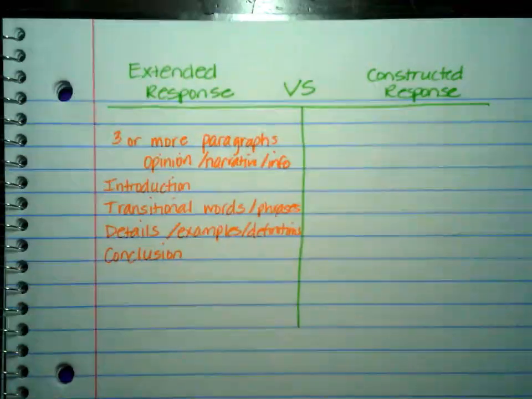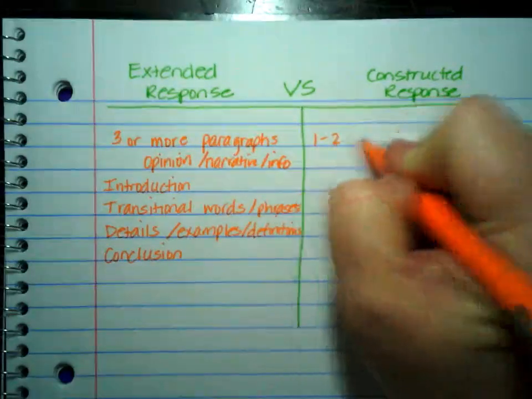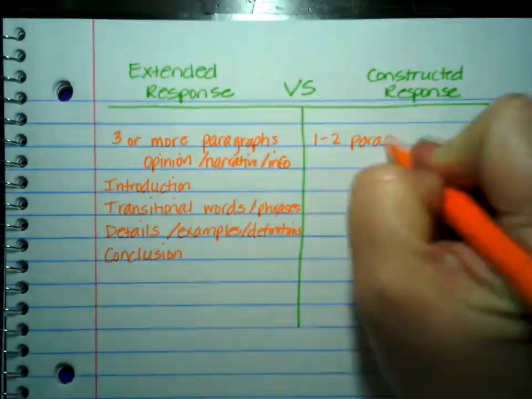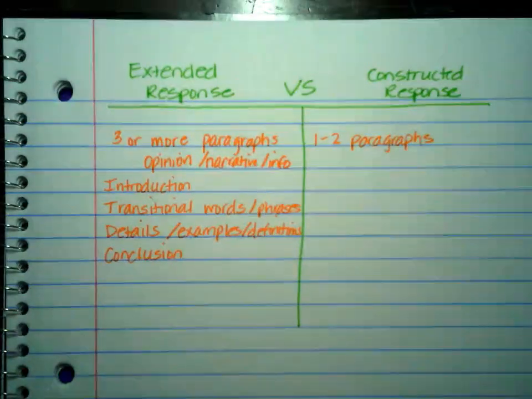The past 3 weeks in digital learning, we've been focusing on reviewing our opinion extended responses, our narrative extended responses, and our information responses. So now I want to talk about what is a constructed response. A constructed response is going to have one or two paragraphs. Okay? No more than two.